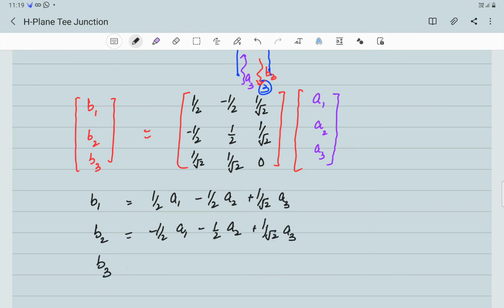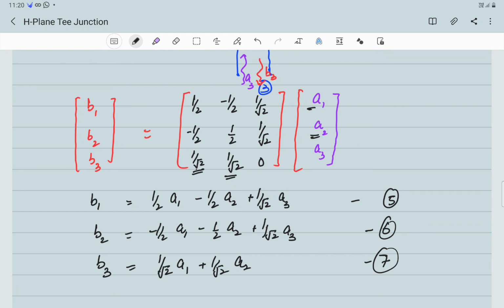And B3 can be written as 1 by root 2 A1 plus 1 by root 2 A2 plus 0, so there is no need to write anything. Let's name these equations 5, 6 and 7.